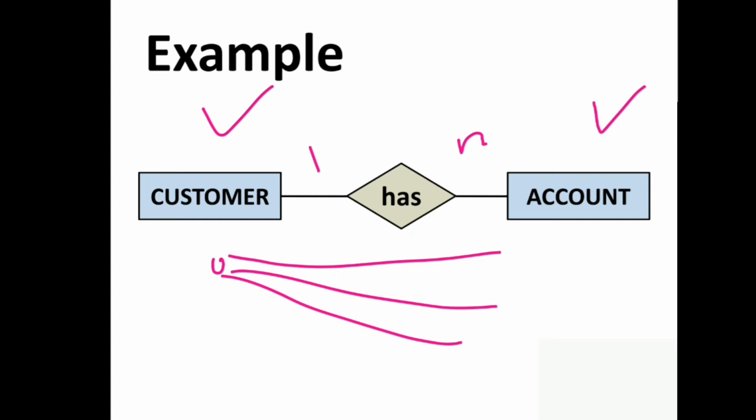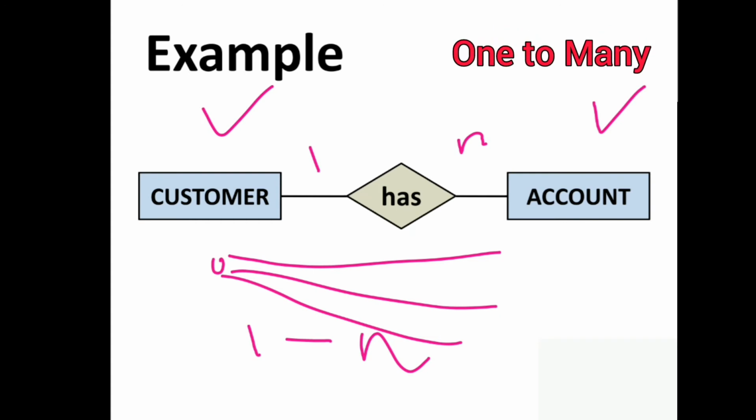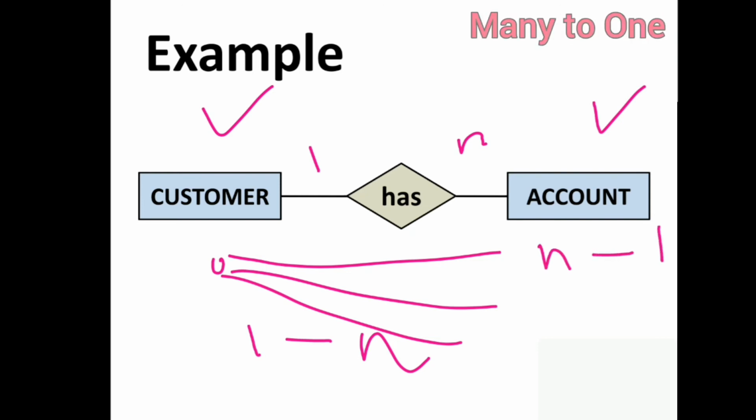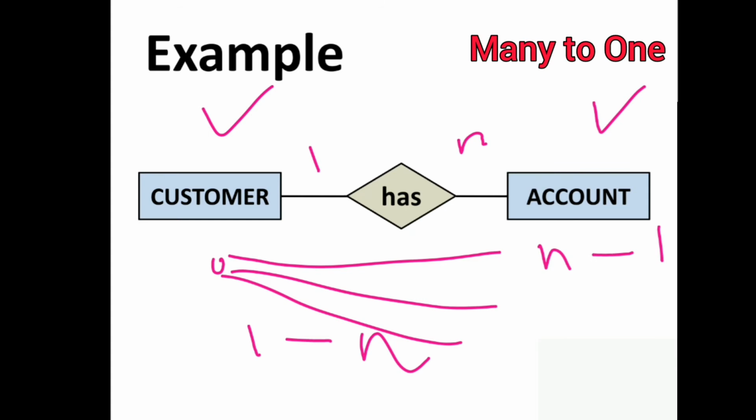So in this example, we can say that each customer is associated with many accounts. So it is a one-to-many relationship. But if we see it the other way, then we can also say that many accounts are associated with one customer, right? Then we can say that it's a many-to-one relationship, right?